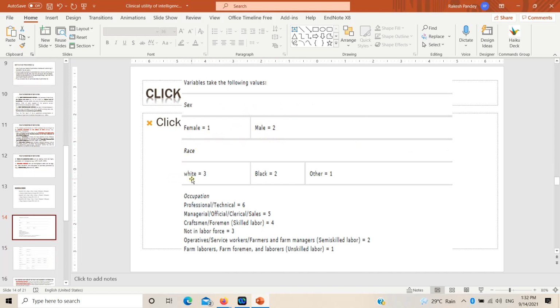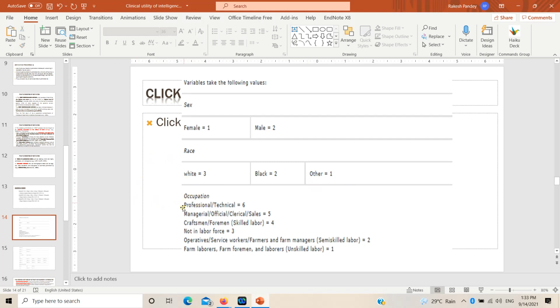So race: if you are white American, say, then you will get 3, black 2, others 1. Again, I am pointing this out because though it has been empirically derived, it has been derived in a particular cultural context, and it may be culturally biased and give different weight to different conditions.